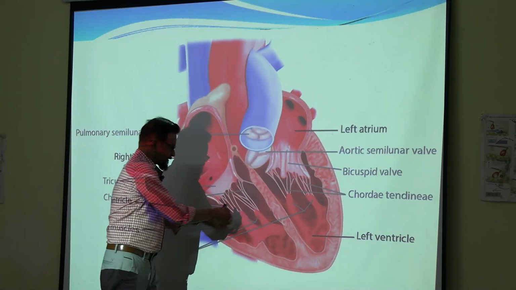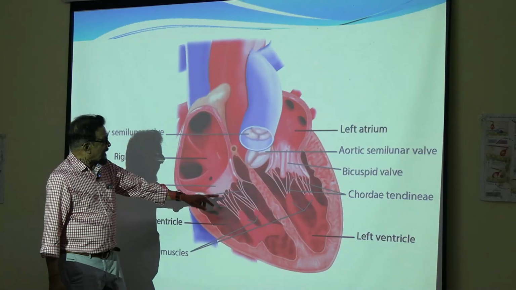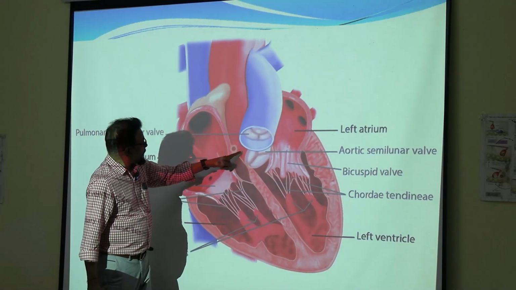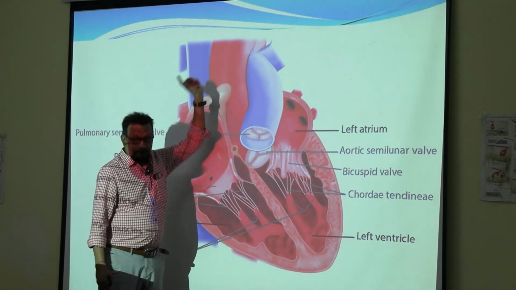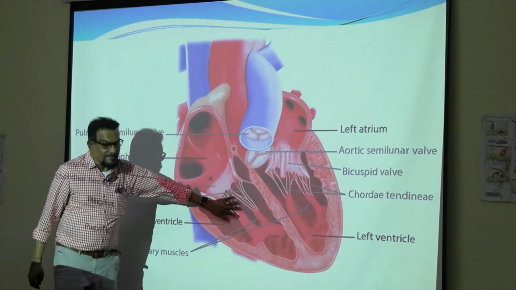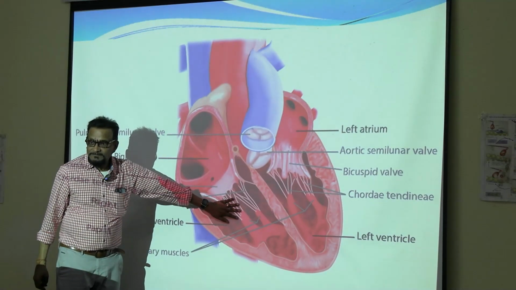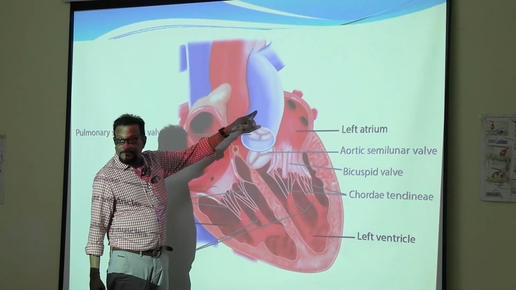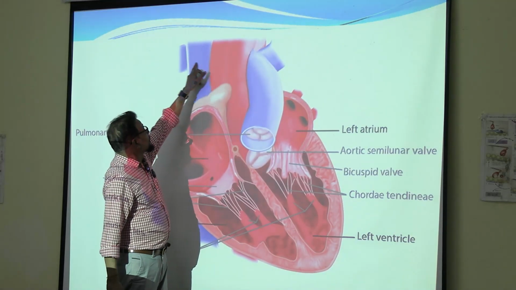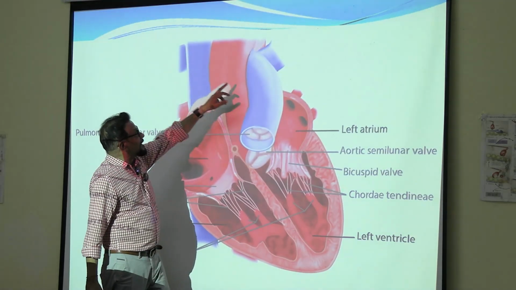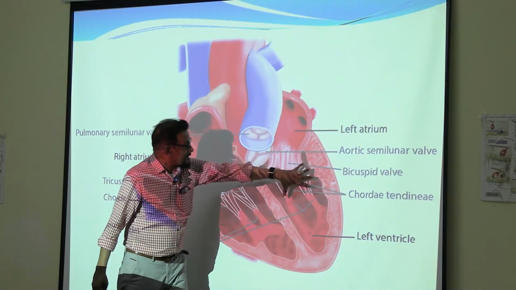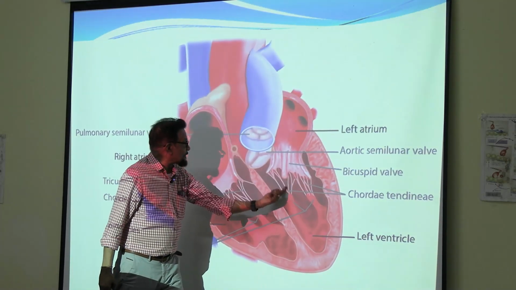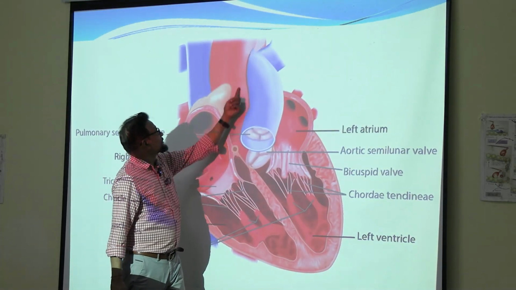This is contracting. Where will it go? Whose ventricle is it? Right ventricle. So it will deliver its blood to this. One is going to one lung, another is going to the other. When this is contracted, blood will enter into this.